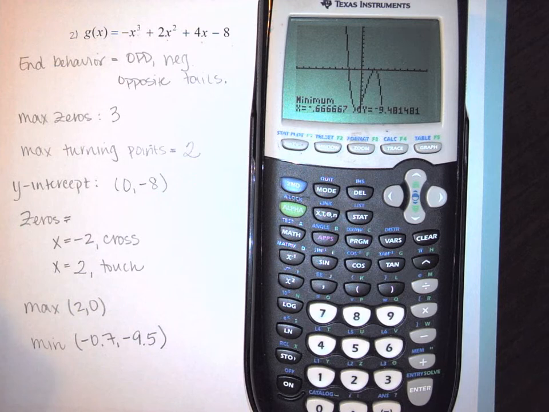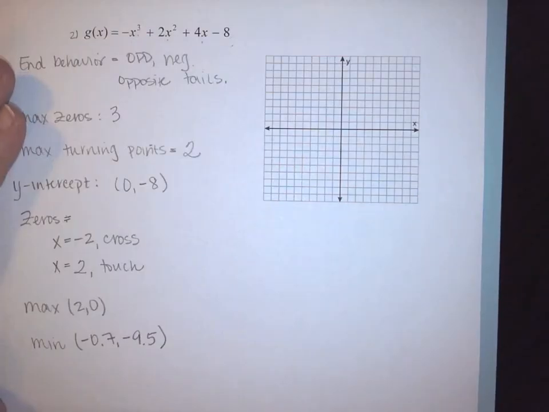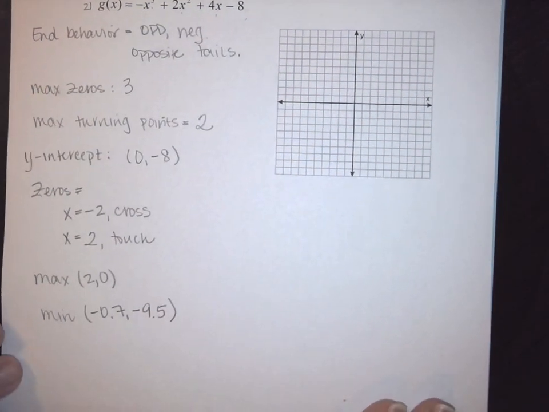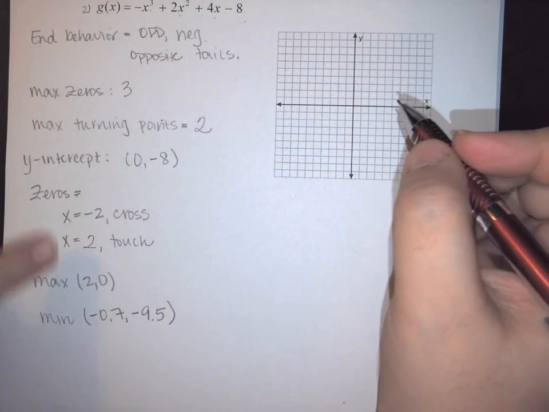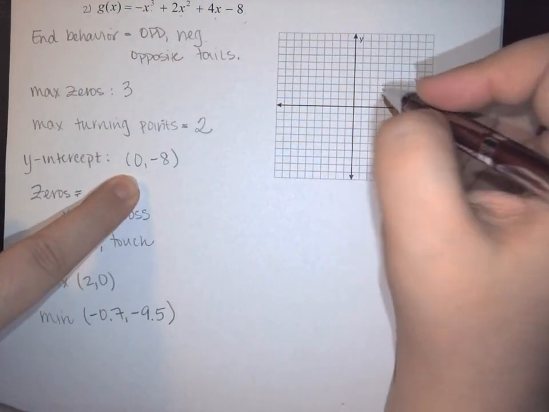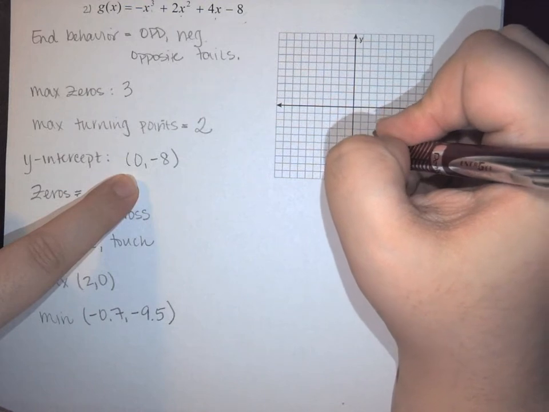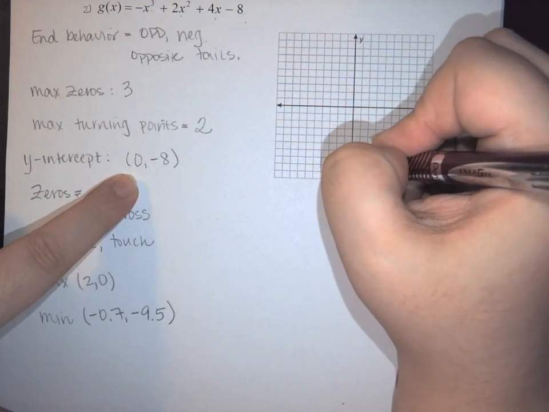Now with that, we have everything that we need, again, to be able to graph our equation. So let's take a look. I put the calculator aside and let's see what we can do here. So my y-intercept is at the point 0, negative 8. So 1, 2, 3, 4, 5, 6, 7, 8. It's down here.